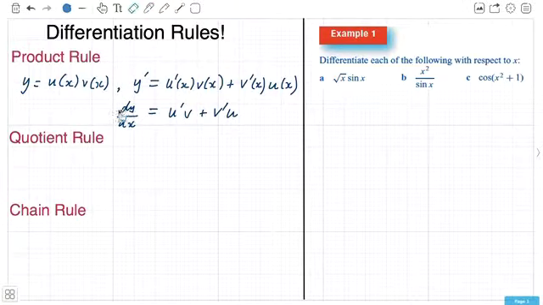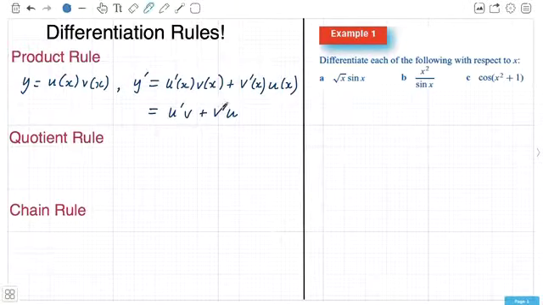So every time you have a dash in something, that means that you're differentiating it. So the u dash means that u is differentiated, and it's differentiated with respect to the variable that u is in terms of. So u is in terms of x. So u dash is the derivative of u with respect to x. So product rule, nice and simple, u dash v plus v dash u.